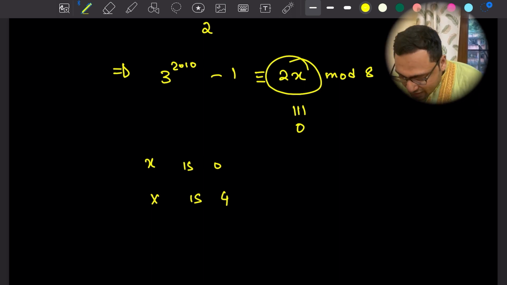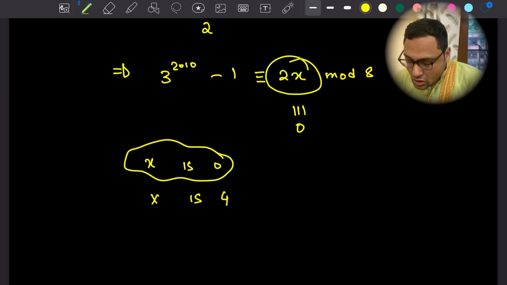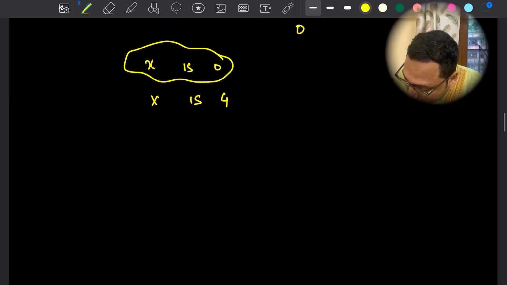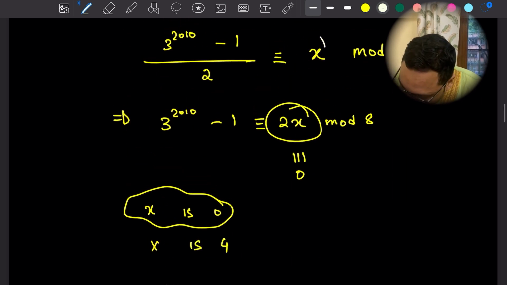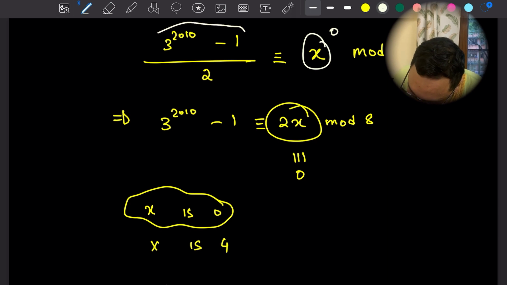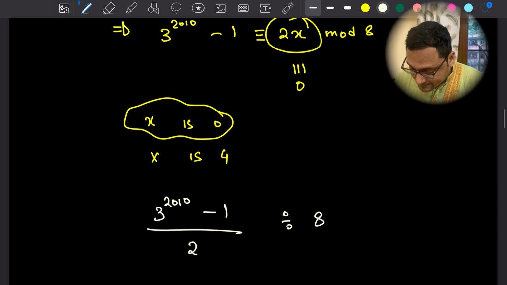So if x is congruent to 0 mod 8, that means that 3 to the power 2010 minus 1 divided by 2 is divisible by 8, right? If x is 0, that means this quantity minus 0 is divisible by 8, so this quantity is divisible by 8.